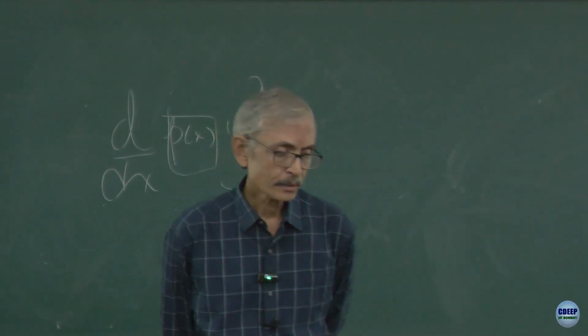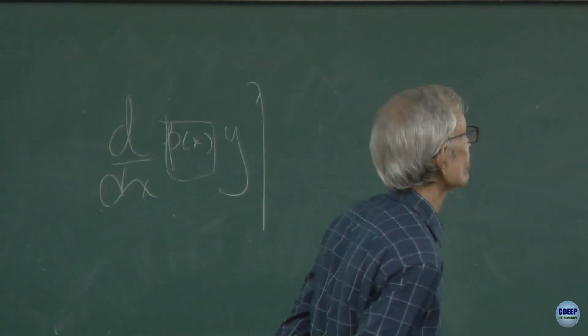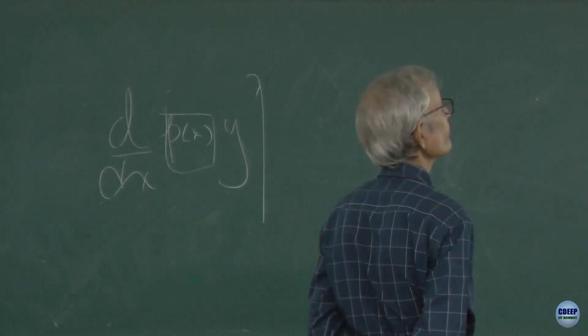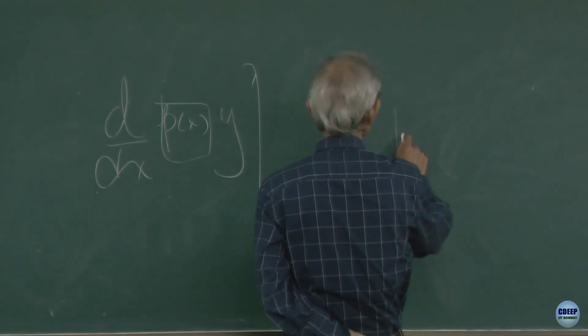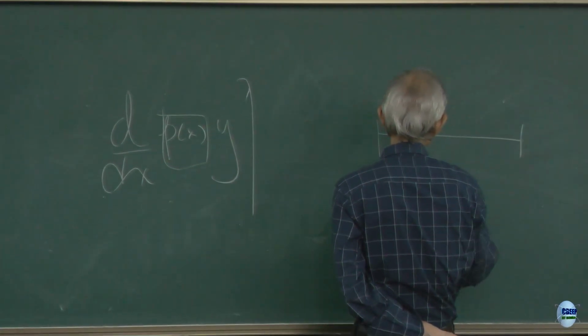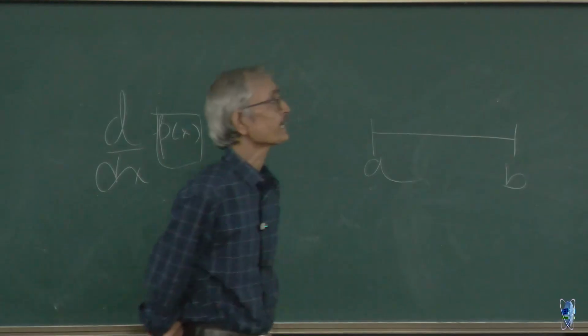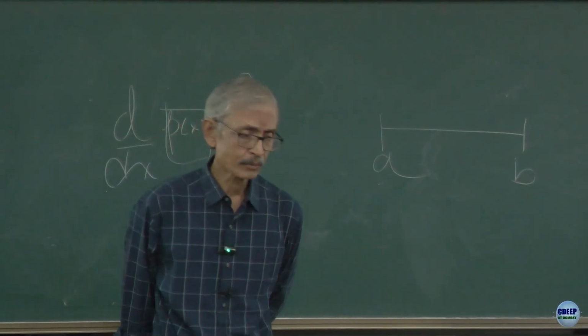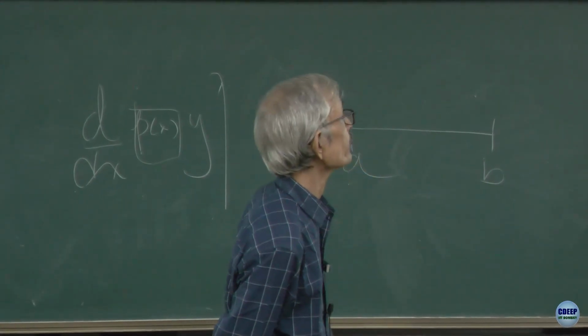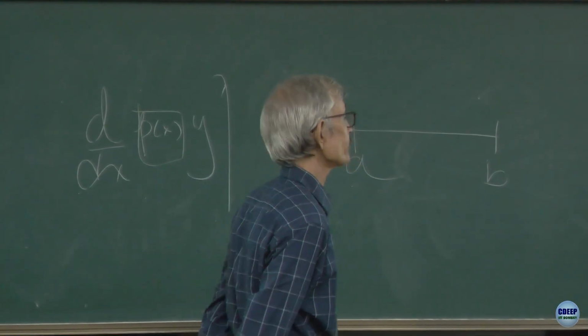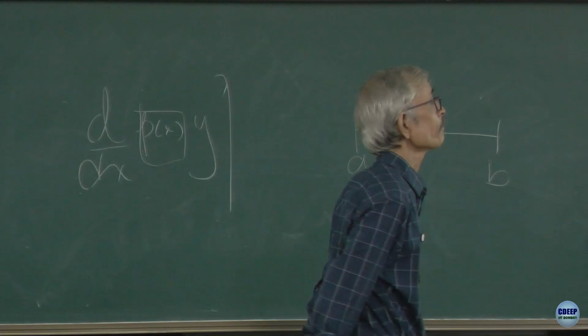So if this p(a) is equal to p(b), and y(a), which is the function at the two limits, so this was a, this was b, y(a) is equal to y(b) and y'(a) equal to y'(b), that forms a periodic Sturm-Liouville problem. We'll see that in just a little while.